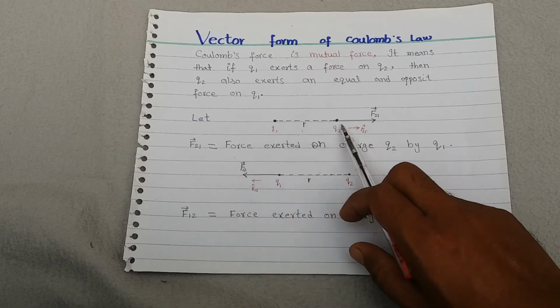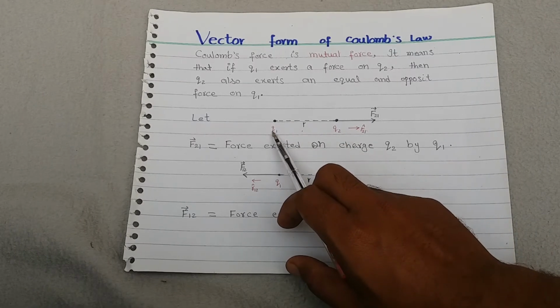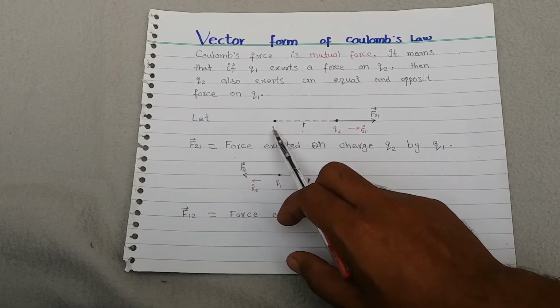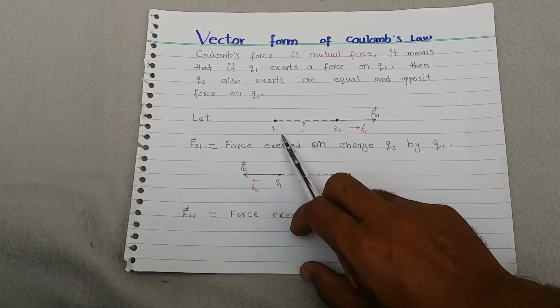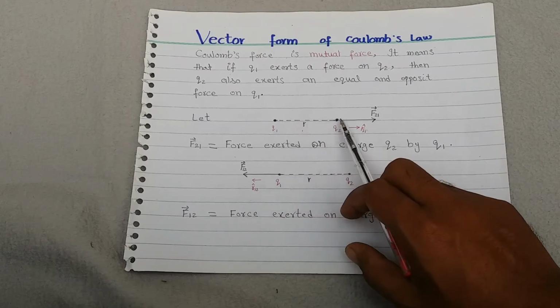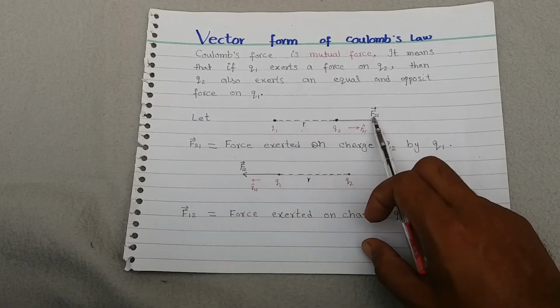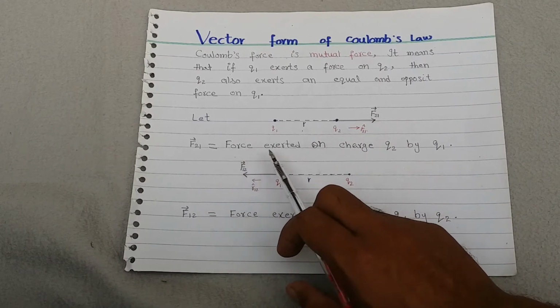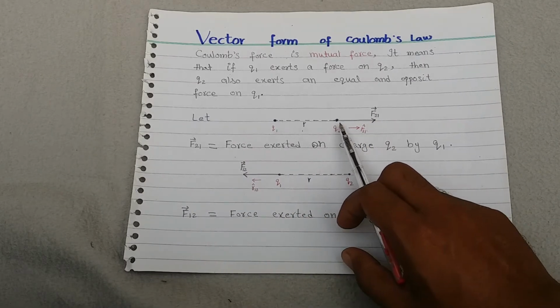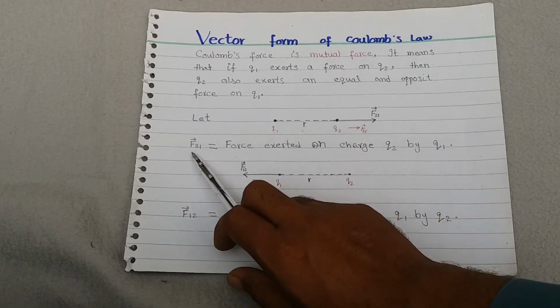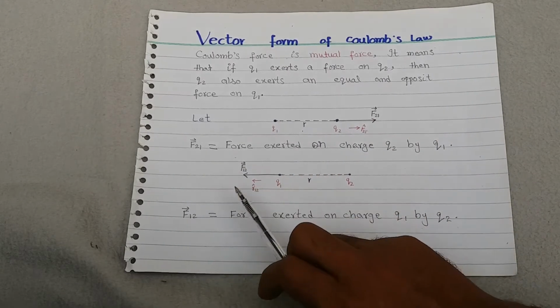This is Q1 and Q2, both of the same type of charges, meaning both are positive charges or both are negative charges. Then Q1 exerts a force on Q2 in this way. So we can say that the force F21 is the force exerted on charge Q2 by charge Q1.